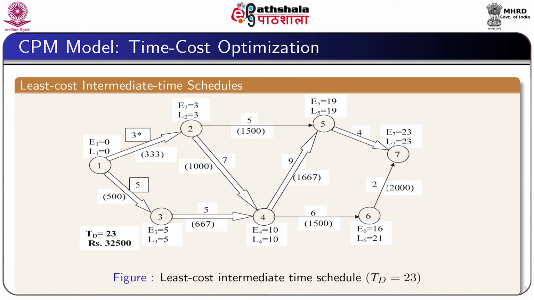Therefore, we reduce the activity time of activity 1 2 by 1 unit, which is now 3 units. The star indicates that it has already reached the normal time, so further reduction is not possible, and the activity duration of activity 1 3 now becomes 5. In this case the cost becomes 32,500, whereas the total duration becomes 23 weeks.